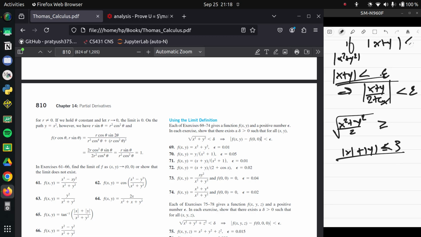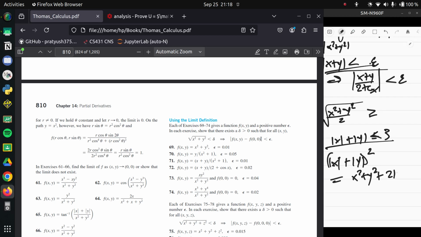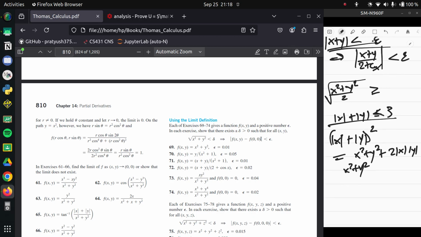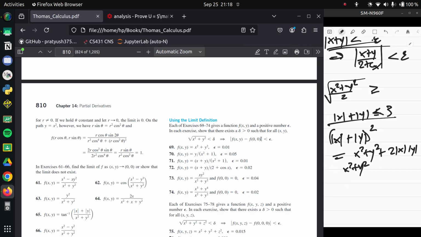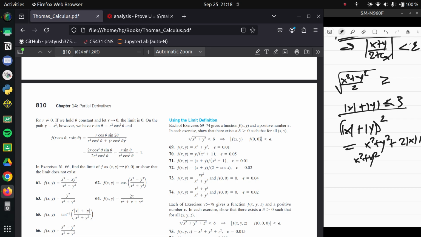Since f of x plus y square is equal to x square plus y square plus 2 of xy, for this to happen, it's equivalent to say that x square plus y square plus 2 of xy is actually less than 9.